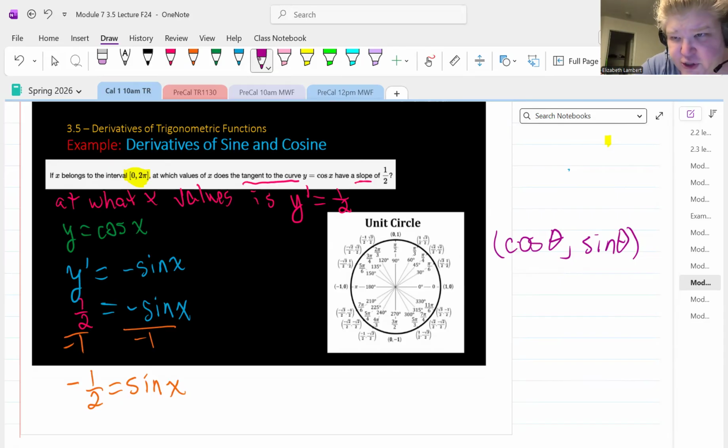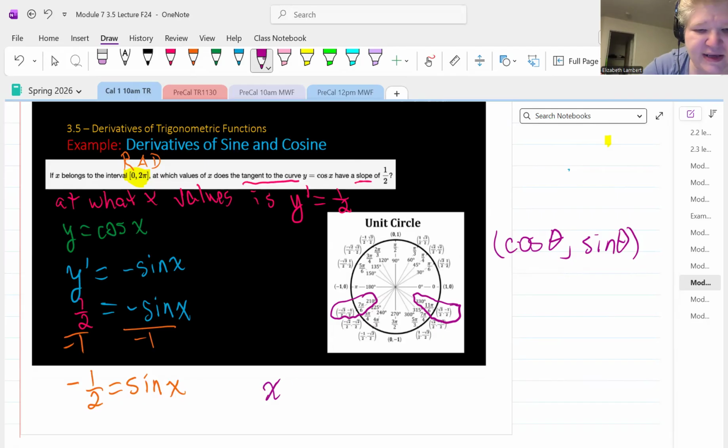So not in our first two quadrants, which makes sense because that's where the y-axis is positive. So, there we go. And then over here. Now they did say in the interval from 0 to 2 pi. So that is our ninja hint that we want to answer in radians.